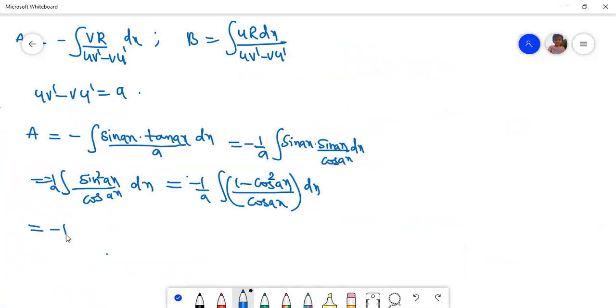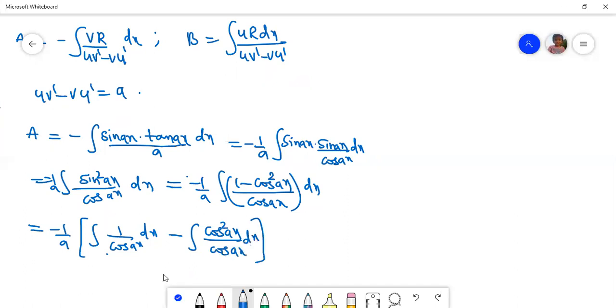It is equal to minus 1 by a. Write the separate integration, that is integral of 1 by cos ax dx minus integral cos square ax by cos ax dx. It is equal to minus 1 by a into integral secant ax dx. One cos cancels. It is minus integral cos ax dx.